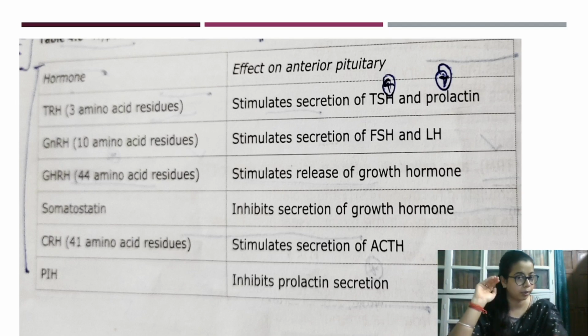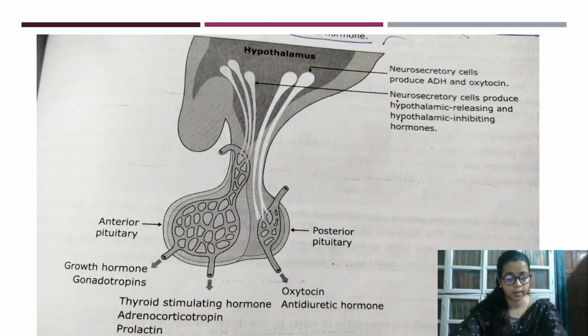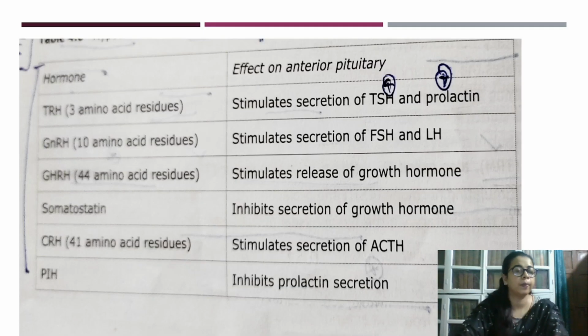This we have all discussed, and this is the diagram of the hypothalamus. In the next part we will be discussing the pituitary gland and the different types of hormones secreted from it.